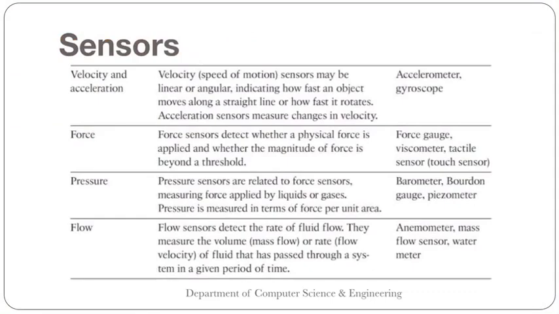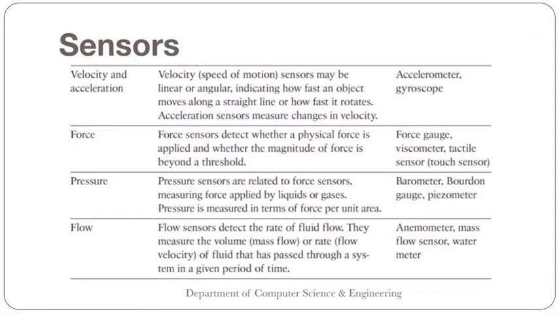Then force. If we want to measure force, the sensor detects whether a physical force is applied, and whether the magnitude of a force is beyond a threshold. Okay. So force gauge. Then we have tactile sensors and all, like they are force sensors.